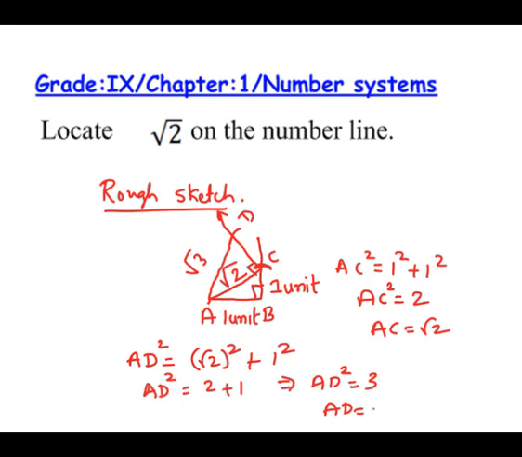Therefore AD length you will get root 3 units. So this is a rough sketch to locate root 2 on the number line and also root 3 on the number line.